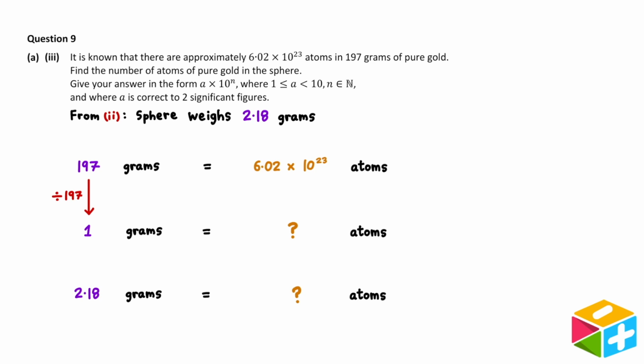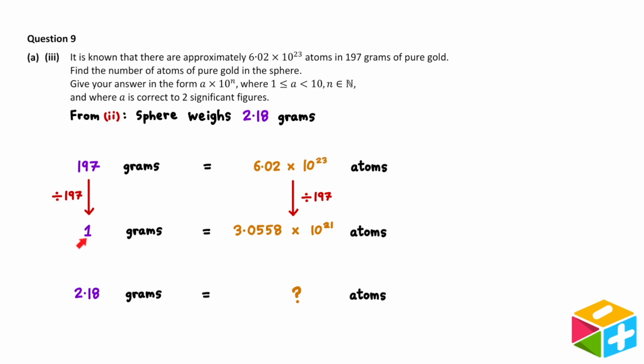Dividing the grams by 197 will also divide the atoms by 197. So the number of atoms in 1 gram will be 6.02 times 10 to the power of 23 divided by 197. This gives us 3.0558 times 10 to the power of 21.